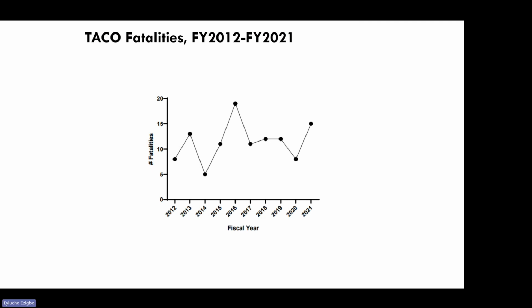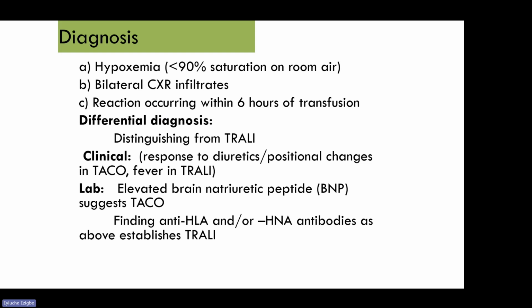When you look at TACO fatalities, you find out that it's on the increase. So diagnosis is hypoxia, less than 90% saturation on room air, bilateral chest X-ray infiltrates, reaction occurring within 6 hours of transfusion.